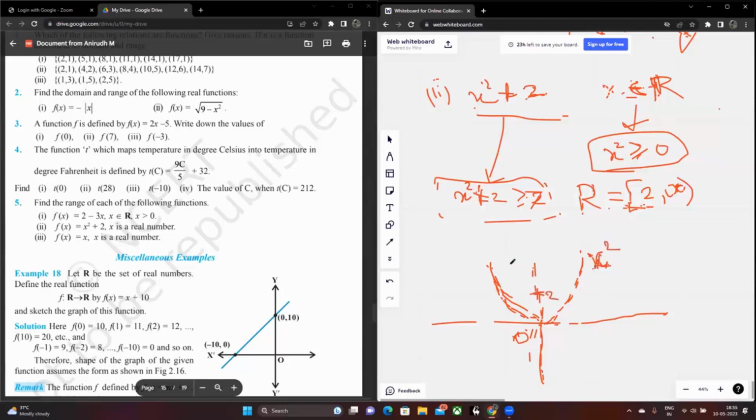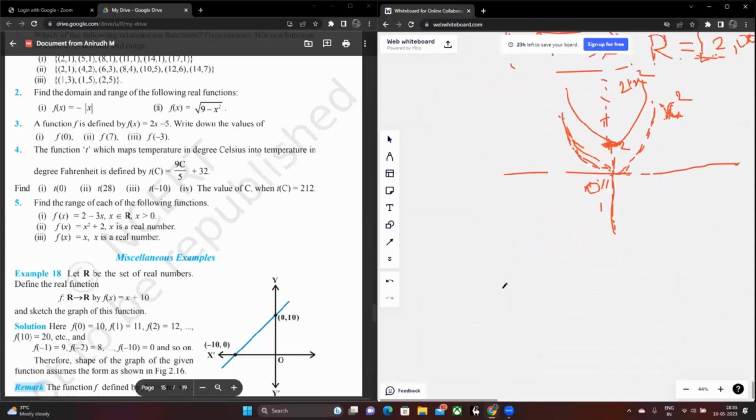Excuse my drawing. And if this is 2, then a parabola that touches at 2 is basically 2 plus x squared. And so you can see that for all x, you have a range of 2 to whatever is above 2. So that's basically closed 2 to infinity. That is your graph answer.